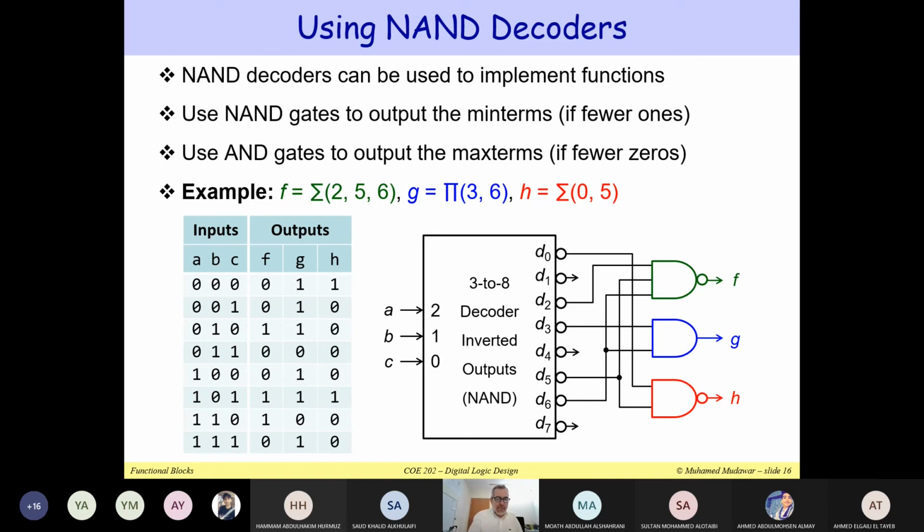For the function g, you have 2 zeros. So we use here an AND gate. We get 0 here, in the case of 0, 1, 1, or 1, 1, 0. You get the output equal to 0. In the case of the NAND gate, it will give you 1, because it's going to invert it again. So that's a twist. That's called a decoder with inverted outputs, or NAND decoder.